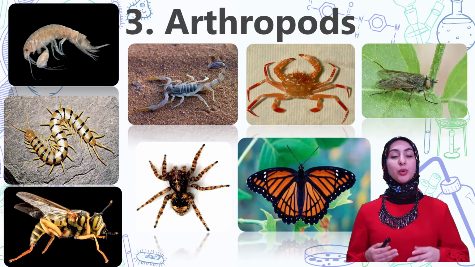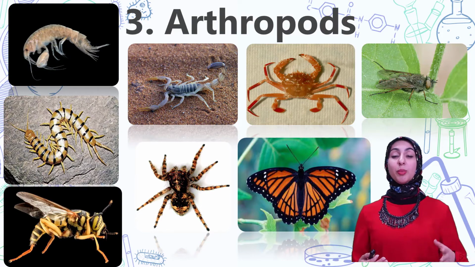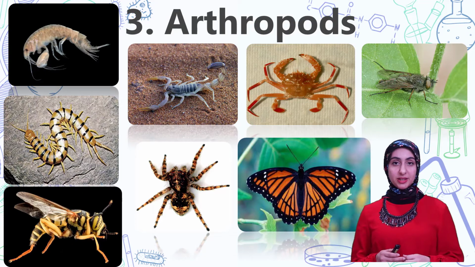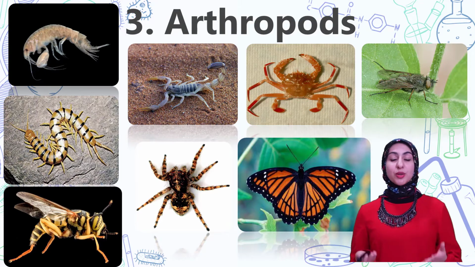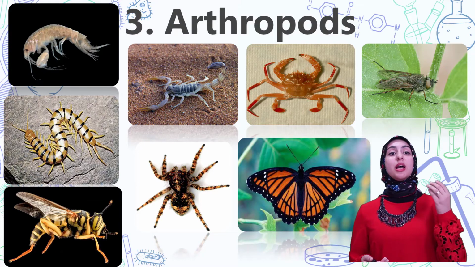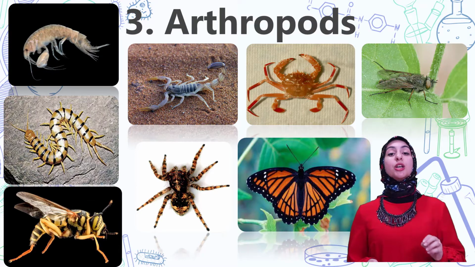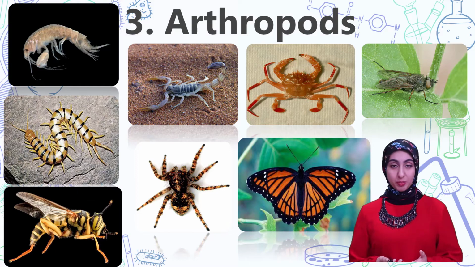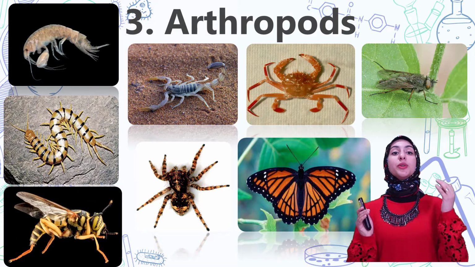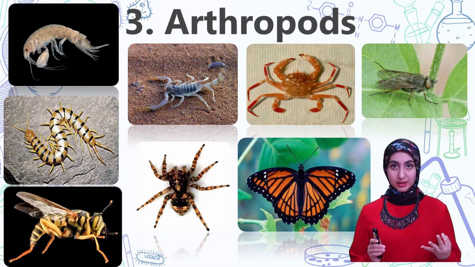Number 3, arthropods. The arthropods group, as you can see, has a lot of invertebrates, like butterflies, bees, flies, crabs, scorpions, spiders. So it has too many invertebrates. But all these invertebrates have 3 main characteristics.